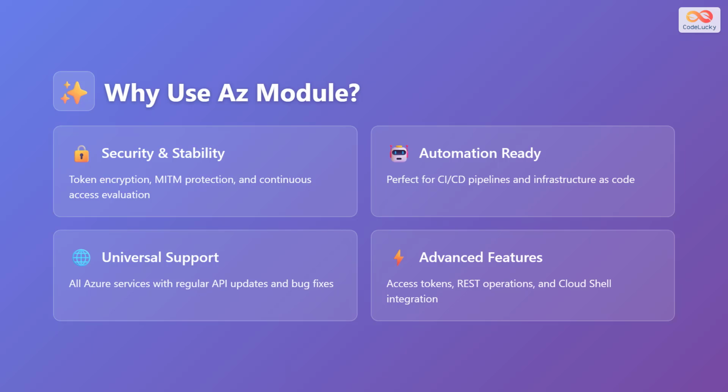Third, it offers universal support for all Azure services, with regular API updates and bug fixes to ensure everything runs smoothly. Finally, it includes advanced features like access tokens, REST operations, and seamless integration with Azure Cloud Shell, giving you powerful tools for complex resource management tasks.